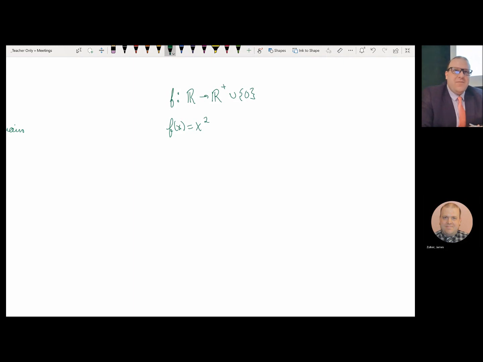The domain is the set of values you can put into the function. The good news is you really don't need to worry too much about codomain. That's more theoretical if you take a functional analysis course. But there is a difference between codomain and range.